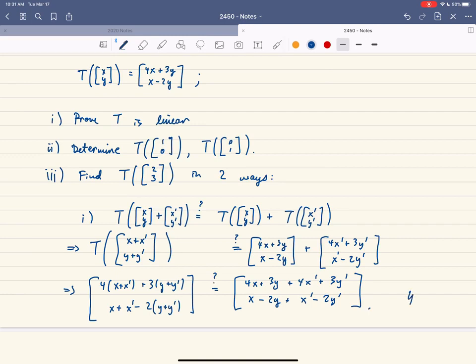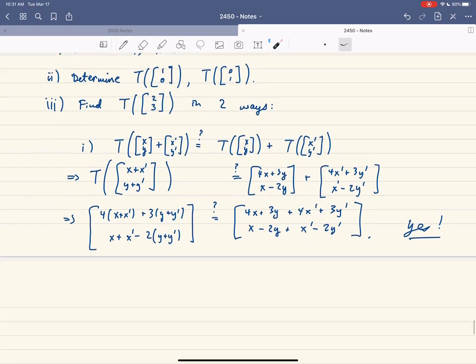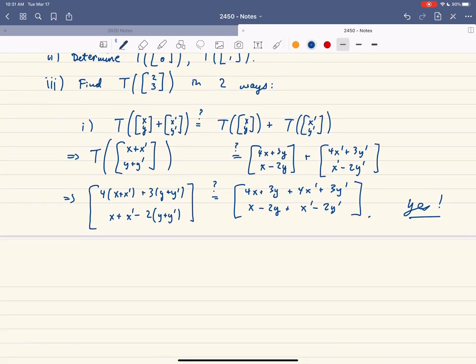And the answer is yes, they are equal. If you distribute the top row, you get 4x plus 4x' plus 3y plus 3y', and that's exactly what we have. Written in a different order, but we know that the order doesn't matter.